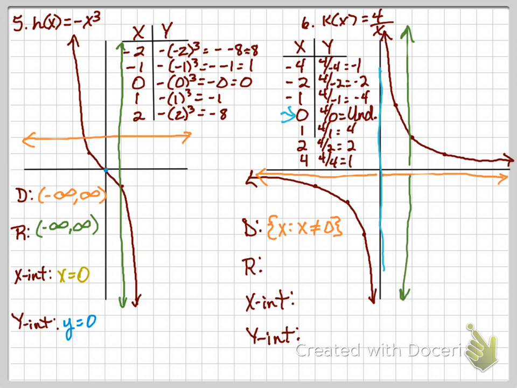So for my domain, x is such that x is not equal to 0. Now we can do interval notation if you want to. Interval notation would look like negative infinity to 0, not including 0, and 0 to positive infinity, if that was how you wanted to write it out.